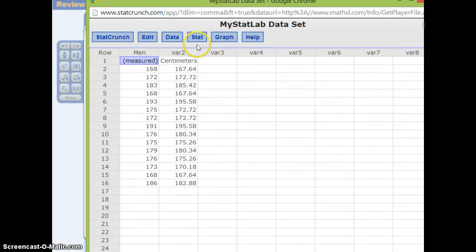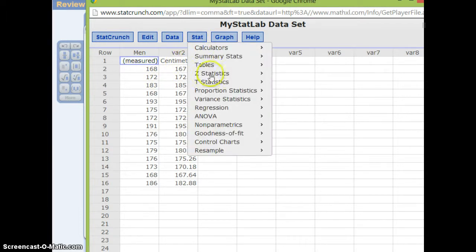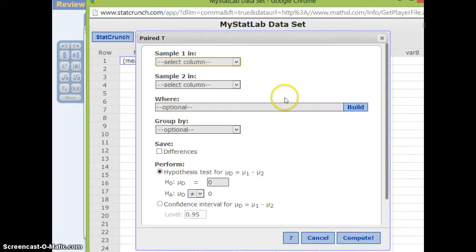Since this study came from the same group of samples, the believed and the measured, in this case we also need to use the paired t-test. In sample 1 it's just the first variable, and var2. Now we're not doing the t-statistics, but we're doing a confidence interval.